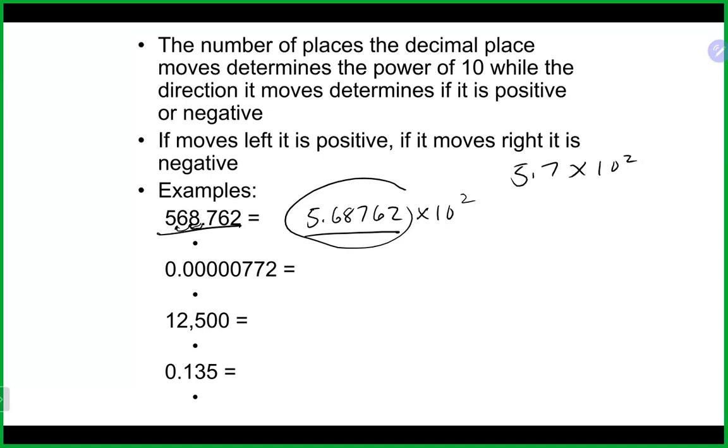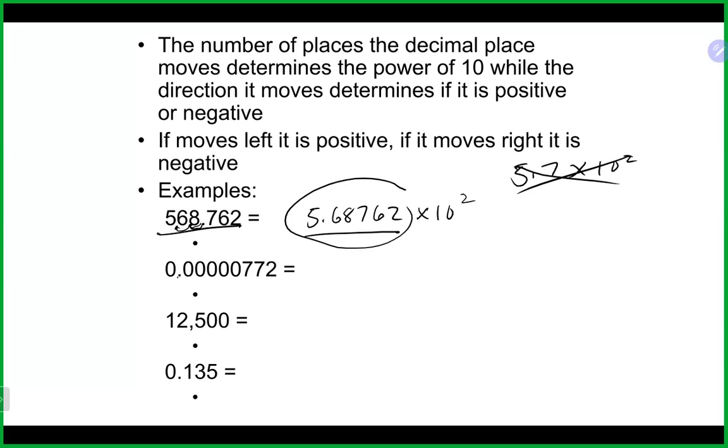I have only 2, which means I lost a bunch of them along the way. And you should never lose significant figures as you go from scientific notation to decimal form or decimal form backwards. You should always maintain the proper number of significant figures, the same that you had if you're just converting it out. So you want to be careful of that.